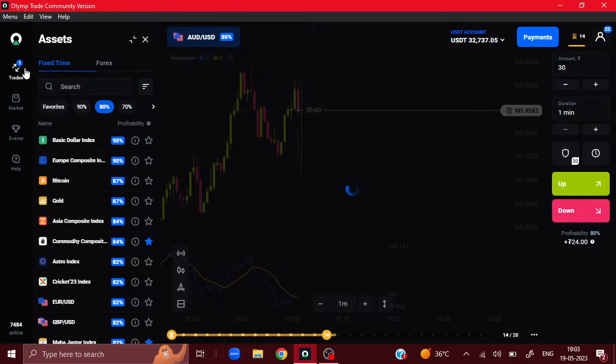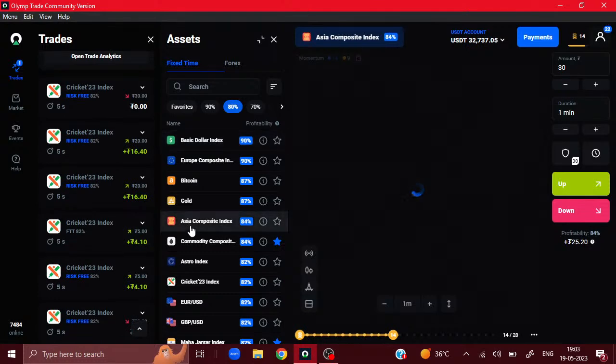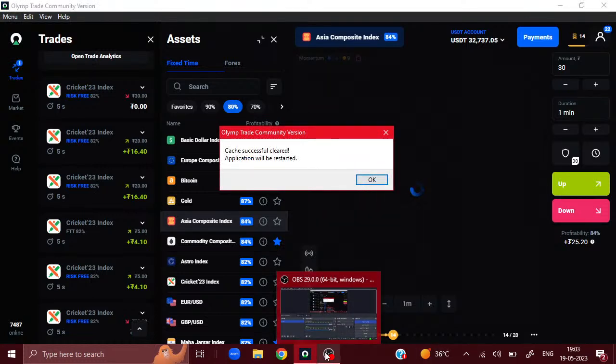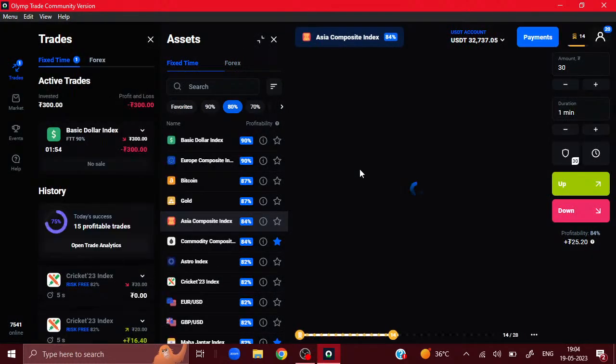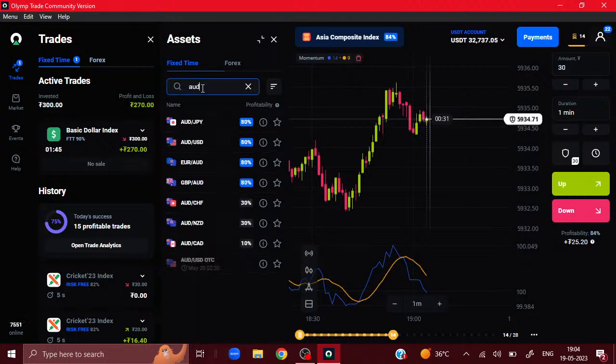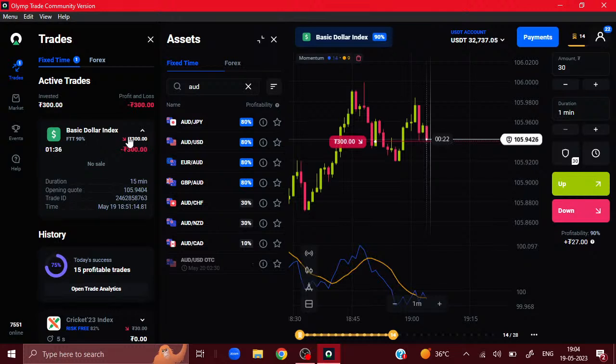Let me try again. Guys, I'll restart the platform. Just give me 1 minute. Okay, it's working now. AUD USD. Okay, let's check. No, I don't think we have any entry here. However, let's keep an eye on the basic dollar index as the trade is about to conclude.